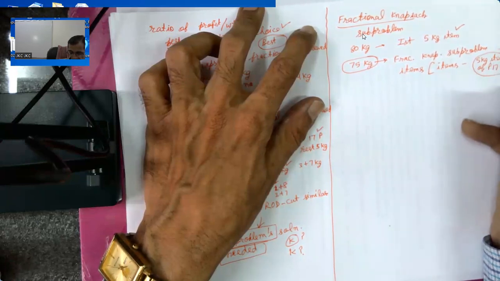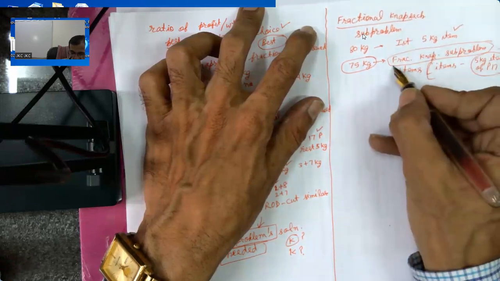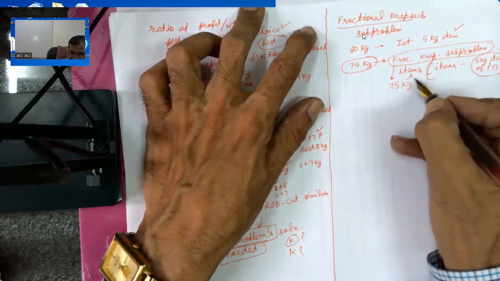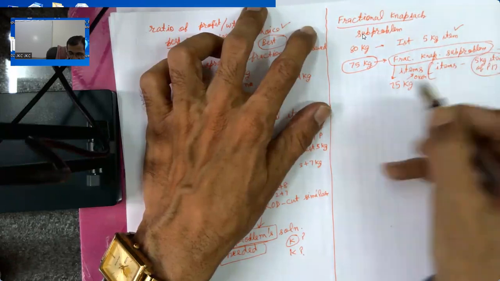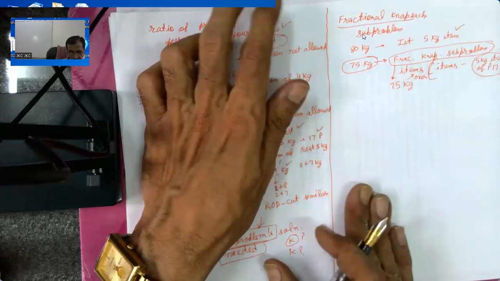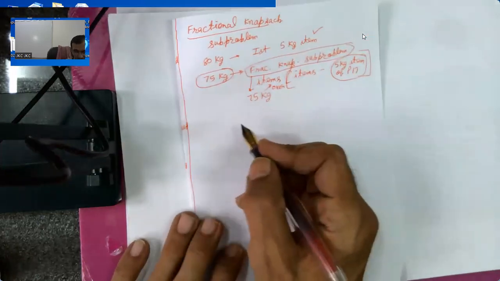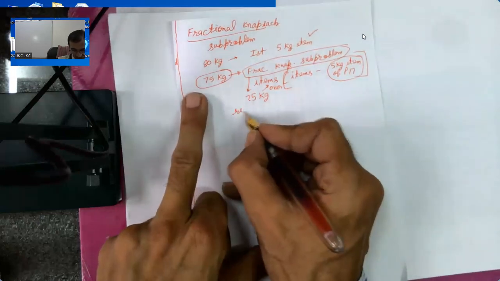Remove this item, and apply fractional knapsack with weight 75 kg over the remaining items. I can easily solve the similar problem recursively.